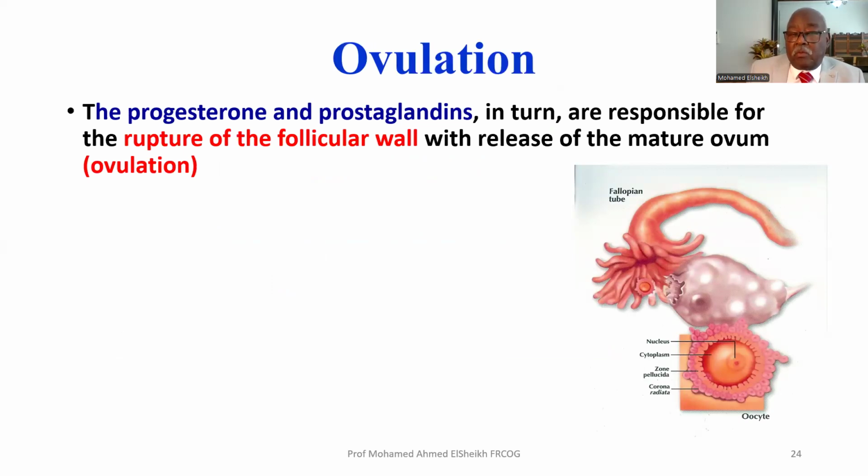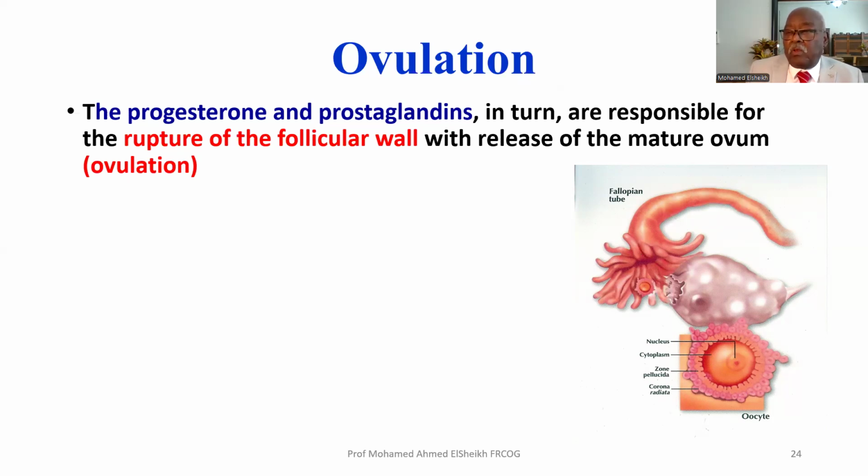The progesterone and prostaglandins in turn are responsible for the rupture of the follicular wall, releasing the mature ovum, or ovulation. This is the ovum here, the oocyte is developing, and then eventually, as the result of progesterone and prostaglandins, this will rupture. It will be picked up by the fimbrial end of the fallopian tube, and it goes through the fallopian tube by the cilia of the fallopian tube.